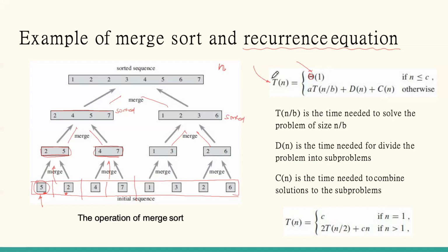Otherwise, the running time of the algorithm with n inputs is equal to whatever number of pieces we broke the problem into. In this case, since we broke the problem into two pieces, every time we break the list into two pieces, it'll be 2 times the time taken to sort one sub piece.